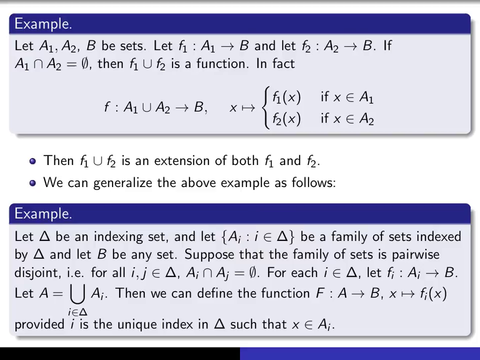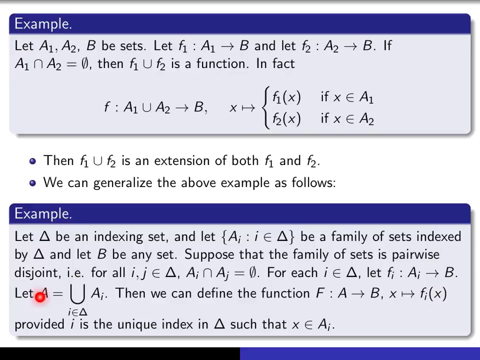And just as I wanted those two sets to be pairwise disjoint, so here, for any pair of indices in my indexing set, the corresponding sets should also be disjoint. Now for each element of my indexing set, I'm going to give myself a function, I'll call it f sub i, from A sub i into B.